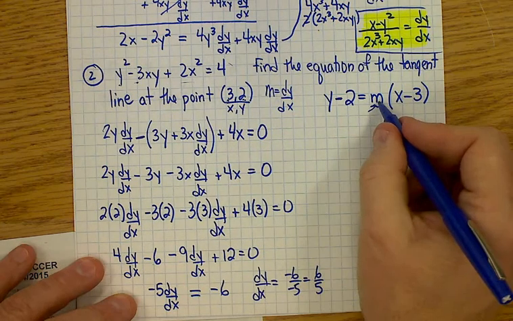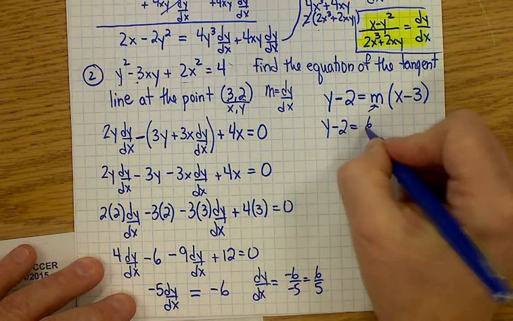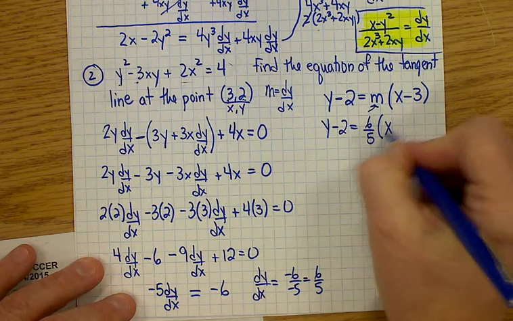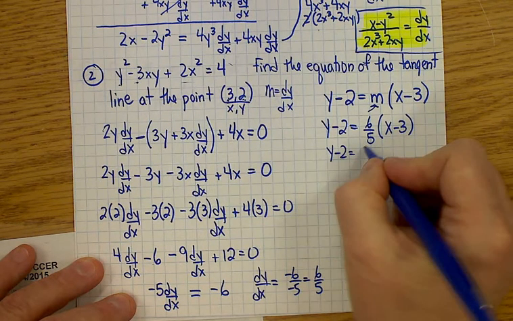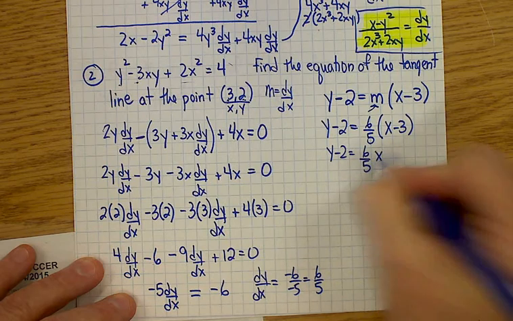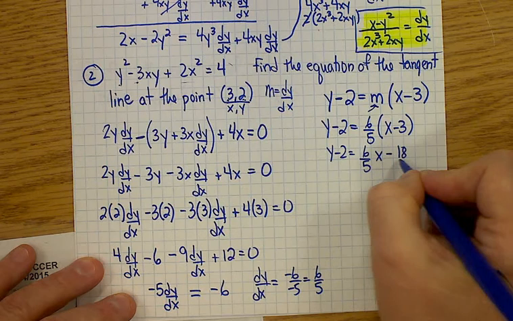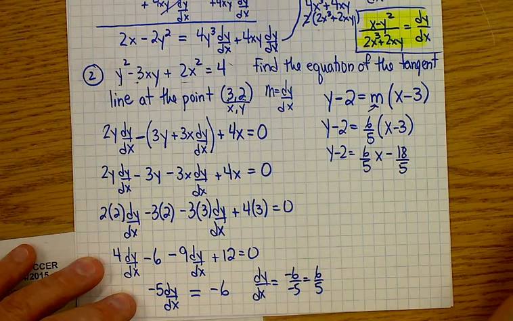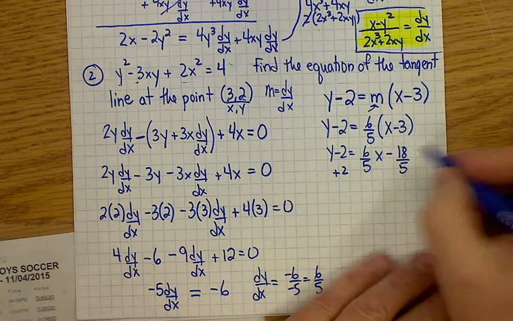So here we go. We're not done yet. y minus 2 is equal to 6/5 times (x minus 3). y minus 2 is equal to 6/5 x, and then 6/5 times a negative 3 is minus 18/5. I have to add 2 to both sides, so when I add 2 over here, it looks like that. But when I add 2 over here, it's going to be in terms of fifths.